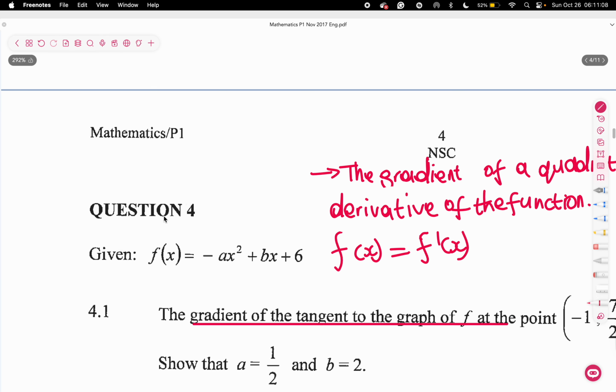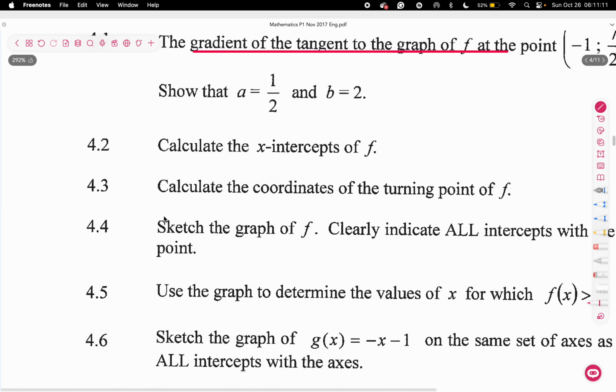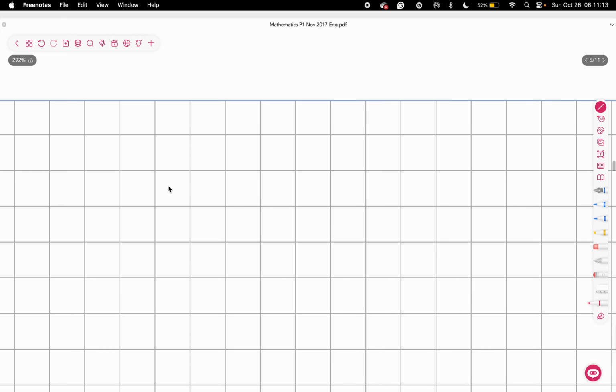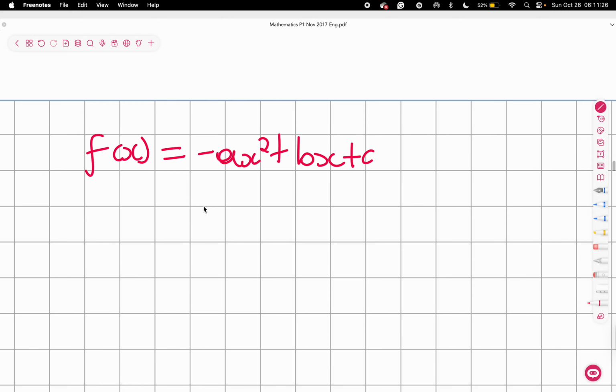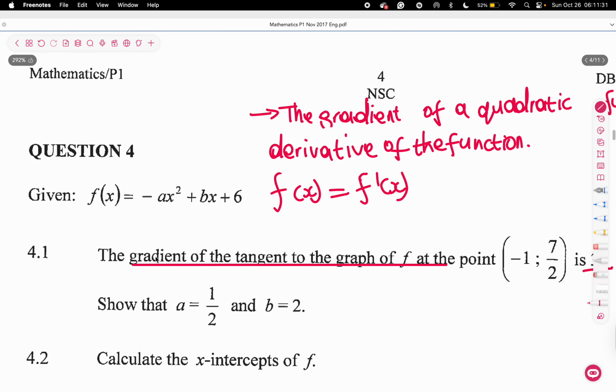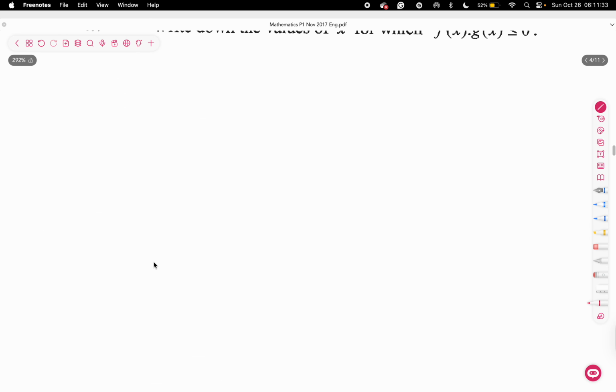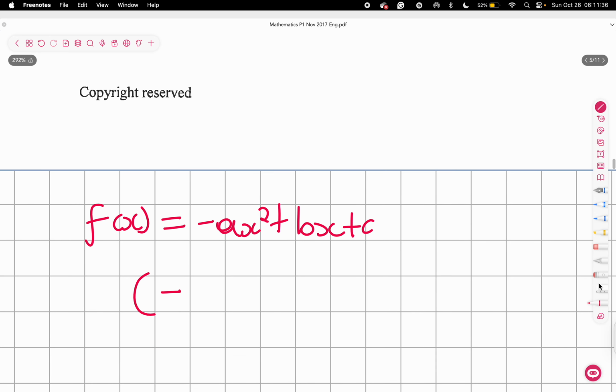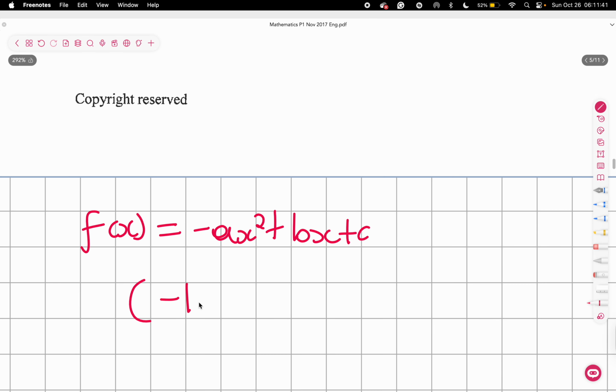So your function is f of x is equal to negative ax squared plus bx plus c, and the point you are given is negative 1 and 7 over 2.